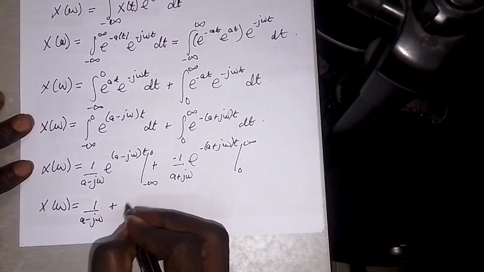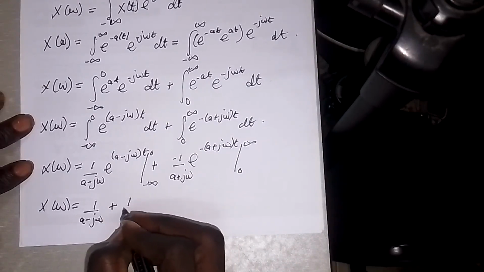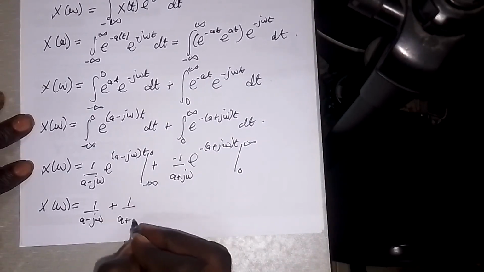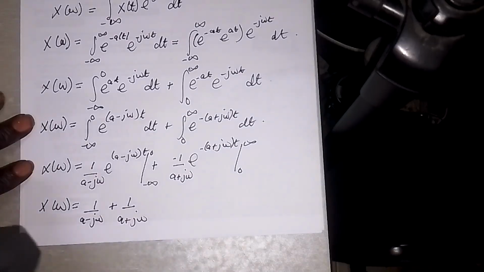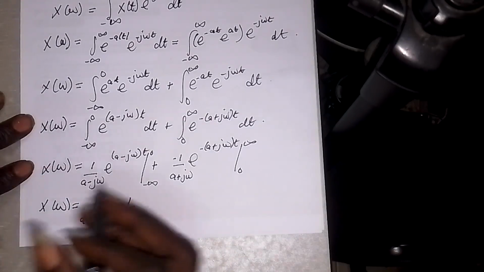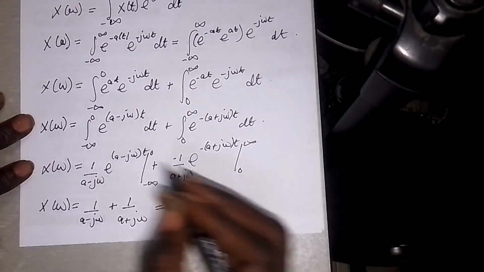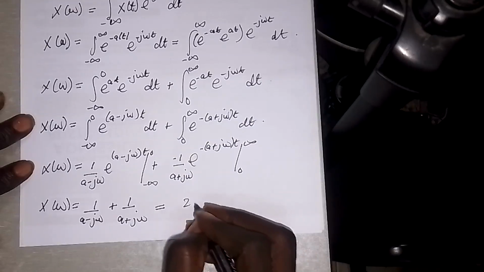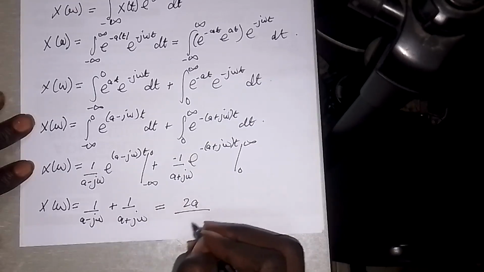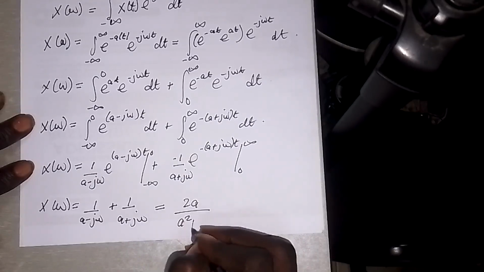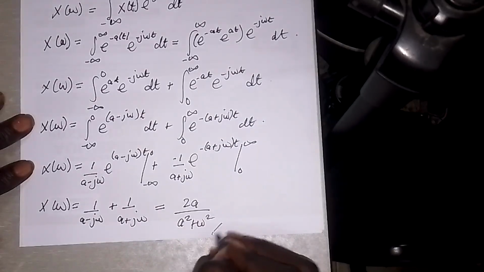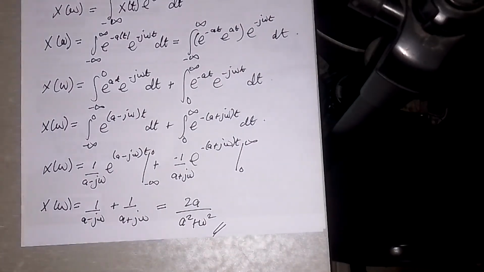So I'll have plus 1 over (a plus j omega). This will become my answer, and if you add them, you will have 2a over (a squared plus omega squared). So this is the answer you're going to get for this one.